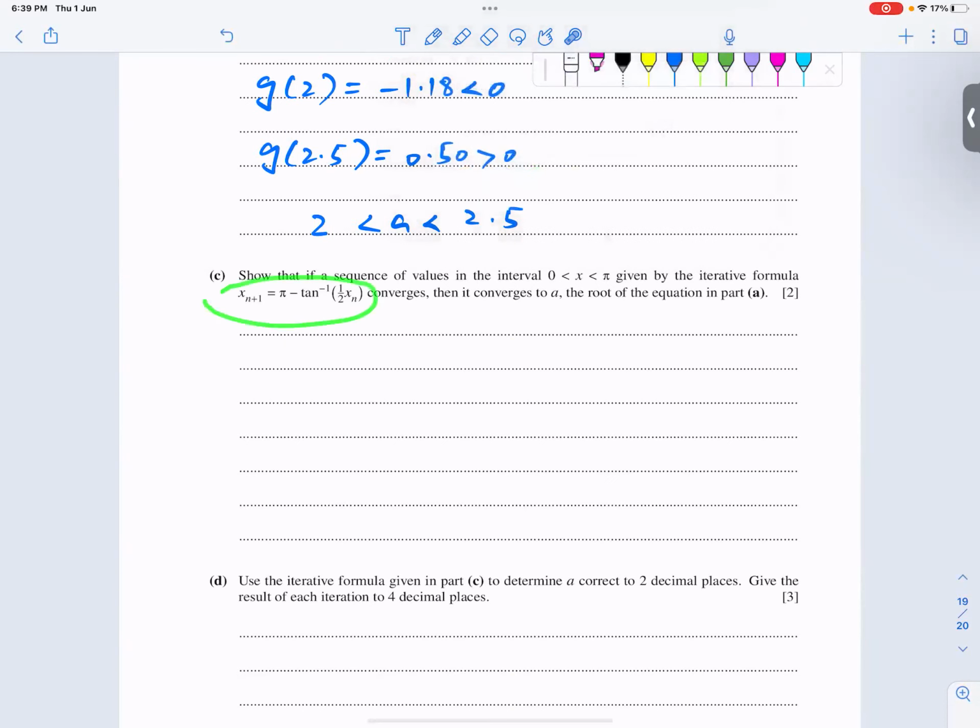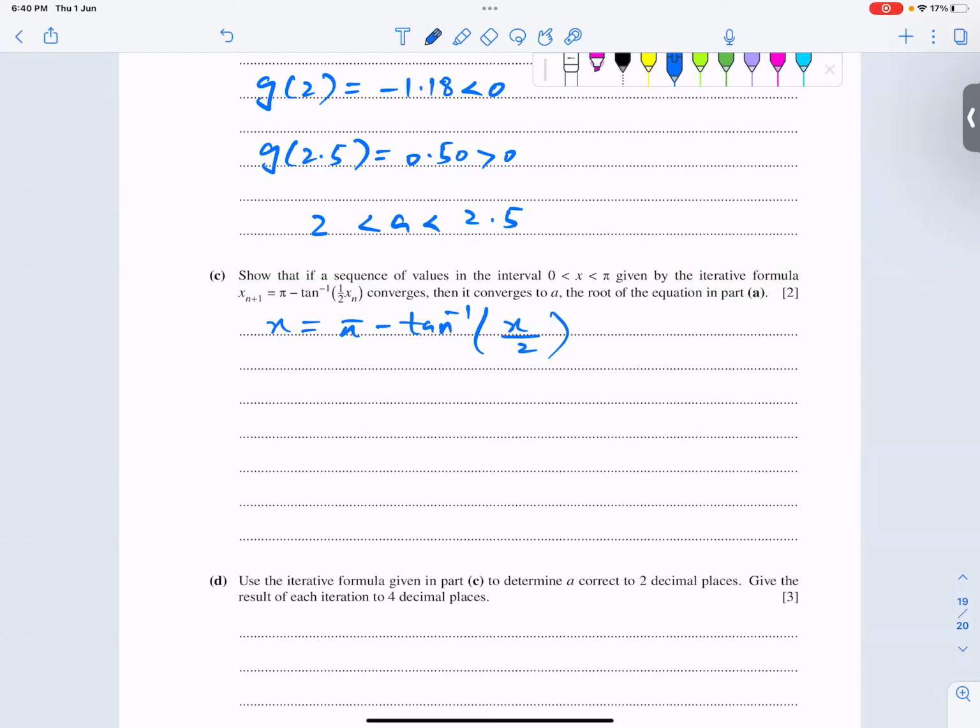If we succeed, we can say that the answer given by the iterative formula is actually our root. So let's make things simple. Just ignore the n. This will be x is equal to pi minus tan inverse of x over 2.